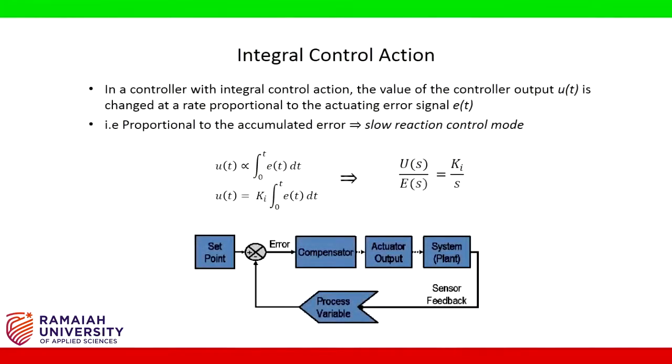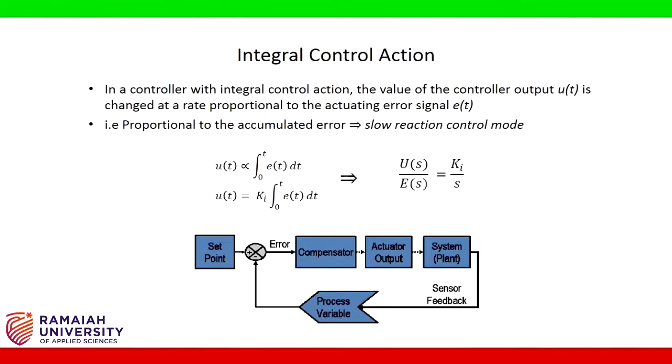Integral control actions. In a controller with integral control action, the value of the controller output U(t) is changed at a rate proportional to the actuating error signal E(t). That is, proportional to the accumulated error, it tends to be a slow reaction control mode.